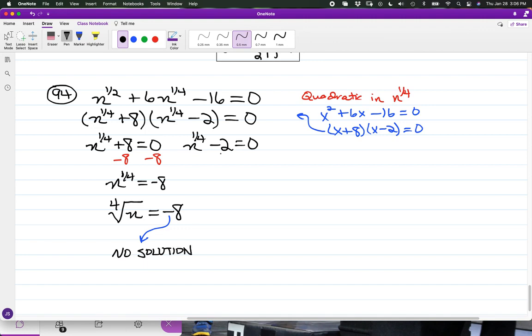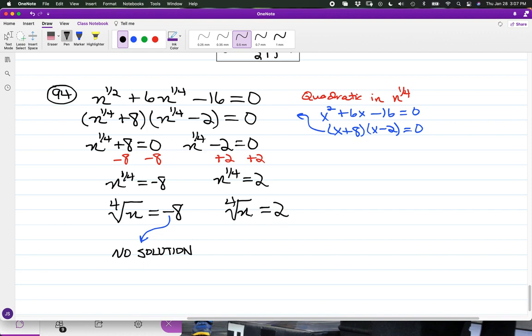Now for n to the 1/4 minus 2 is equal to 0, if I isolate the variable expression, upon adding 2 to both sides, I'm going to have n to the 1/4 is equal to 2. And here I'm going to have the 4th root of n is equal to 2.